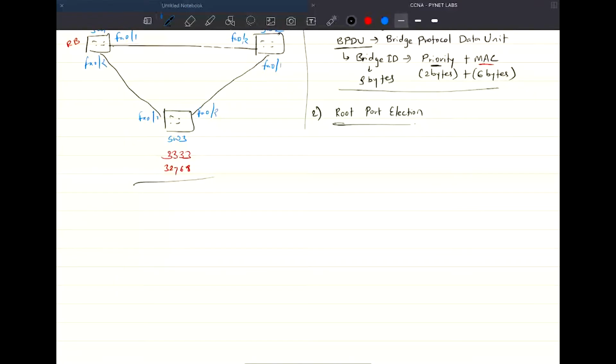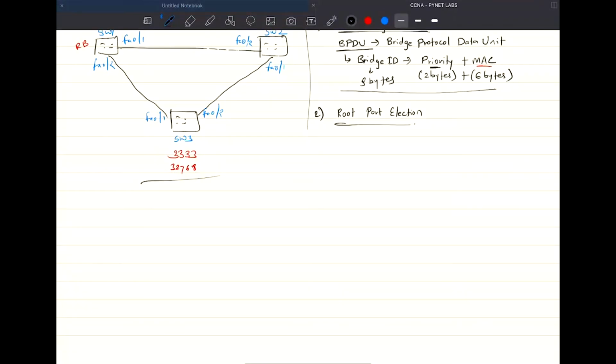When we do root port election, it is done based on a value called cost. There are two types of values. One is interface cost, which we basically call port cost, and the other one is link cost, which we also call path cost.